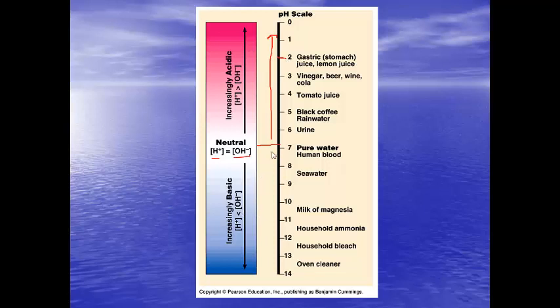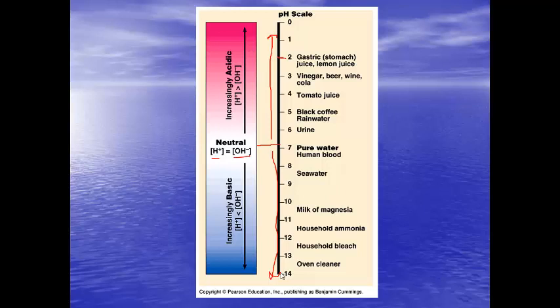As you go from a pH of 7 up to a pH of 14, the substance has less and less hydrogen ions and more hydroxide ions, and therefore becomes a stronger and stronger base.